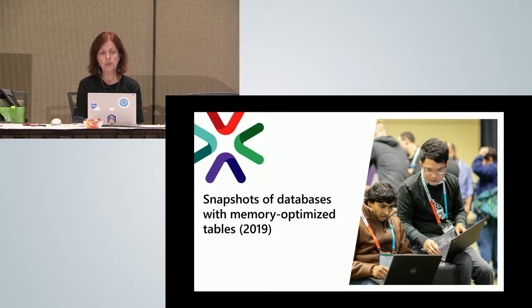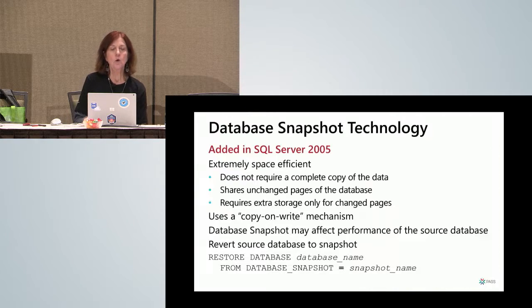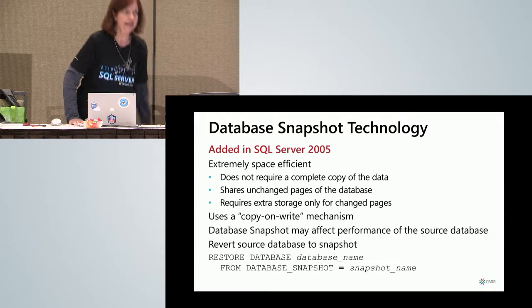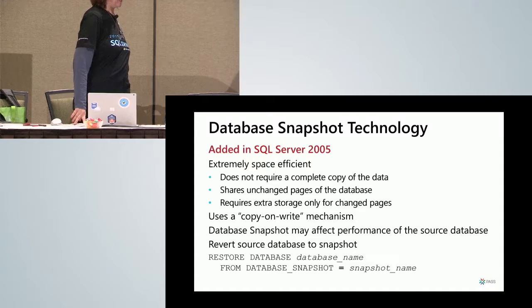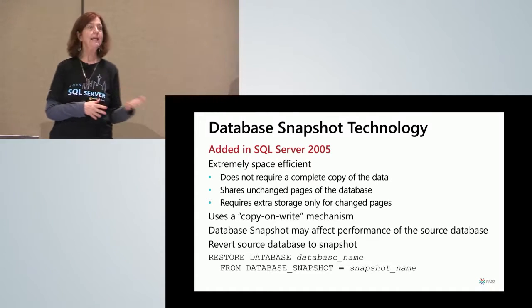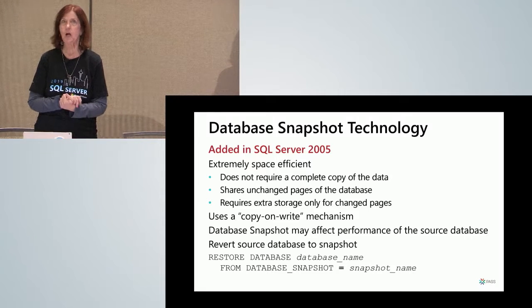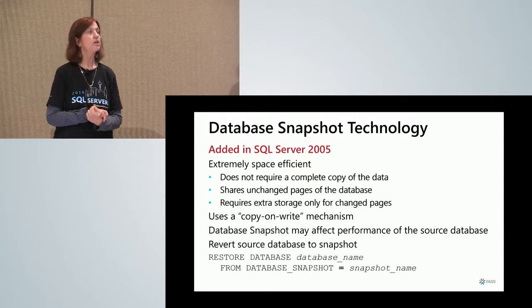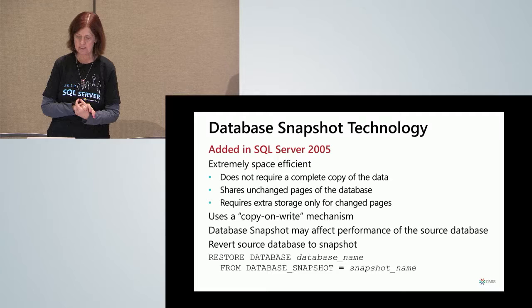So the last thing we're going to look at is snapshot databases. Snapshots were actually added way back in SQL 2005. What a snapshot is logically, it's a copy of your database at a point in time. It's not stored as a complete copy. It's stored just as the changes.